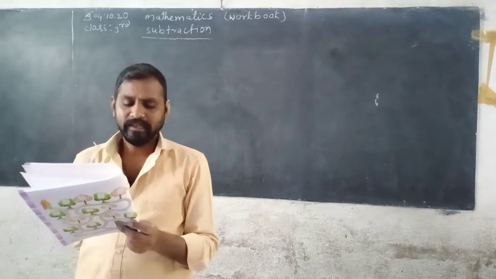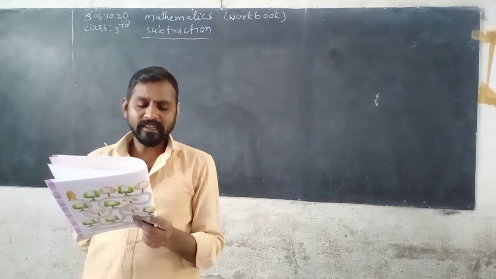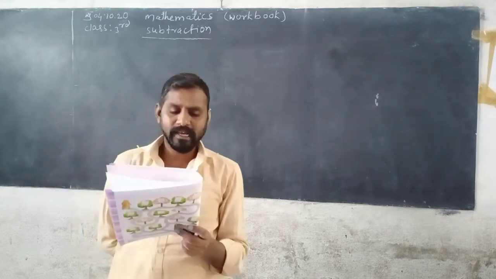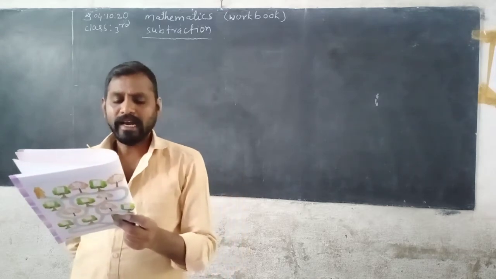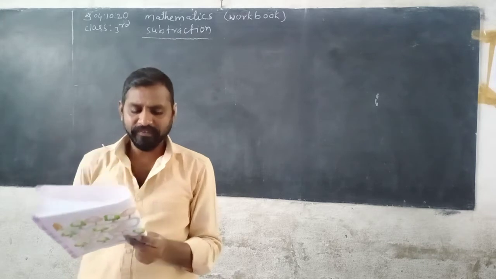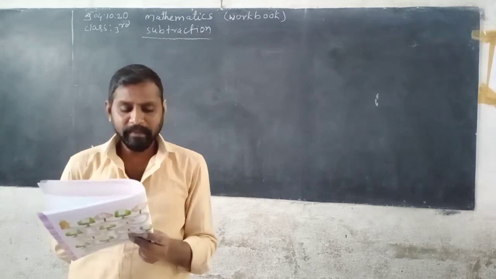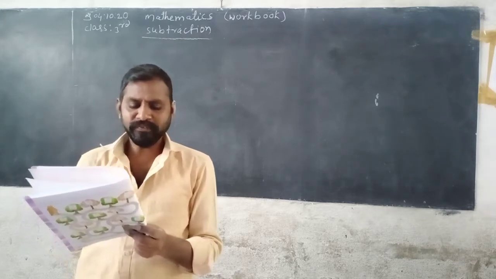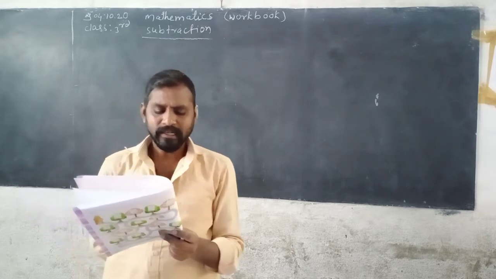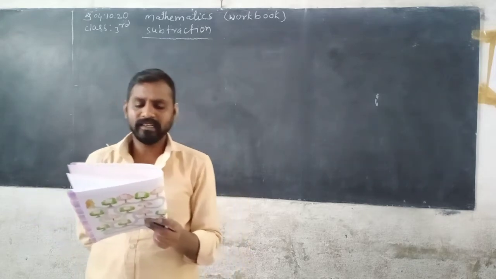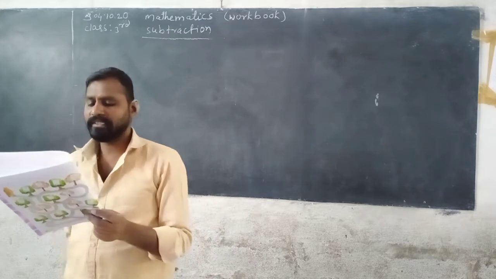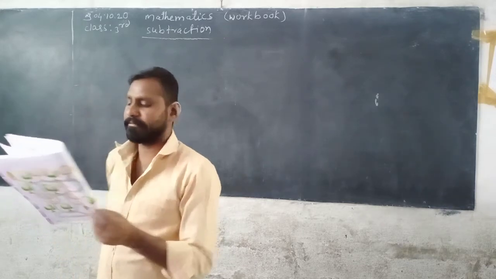Colony C, number of men 8,996 and women 8,955. Colony D, number of men 3,468 and women 3,646. What is the total population in each colony?